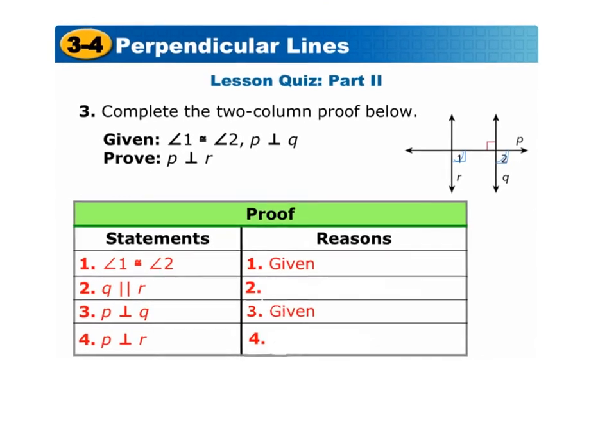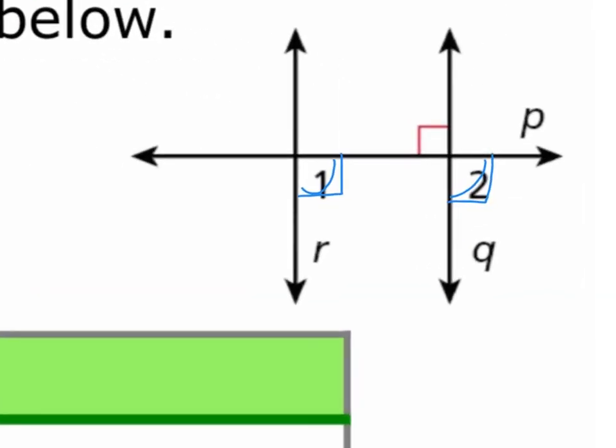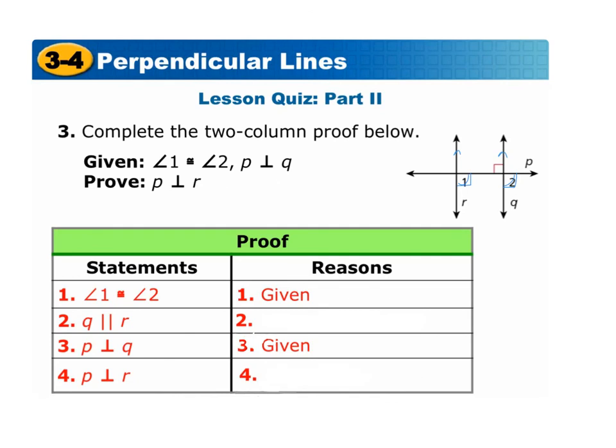So this says Q is parallel to R. If both of these are 90 degrees, they're equal. So what do we know about the two lines? The lines, this one and this one, what would they be? The lines are parallel. So we know that Q is parallel to R.